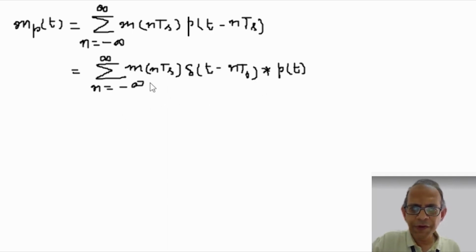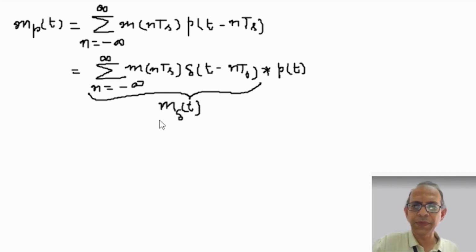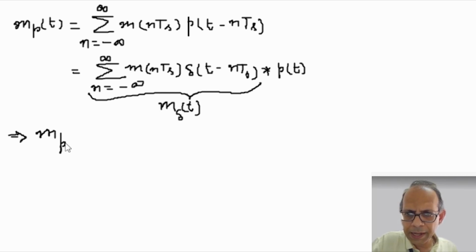And now if you look at this closely, we observe that summation n from minus infinity to infinity delta t minus nTs is nothing but an ideally sampled signal or impulse train sampled signal or instantaneously sampled signal that we denote by m delta t, and that we have seen in one of the previous lectures. Accordingly, m_p(t) can be denoted as m delta t convolution p of t.